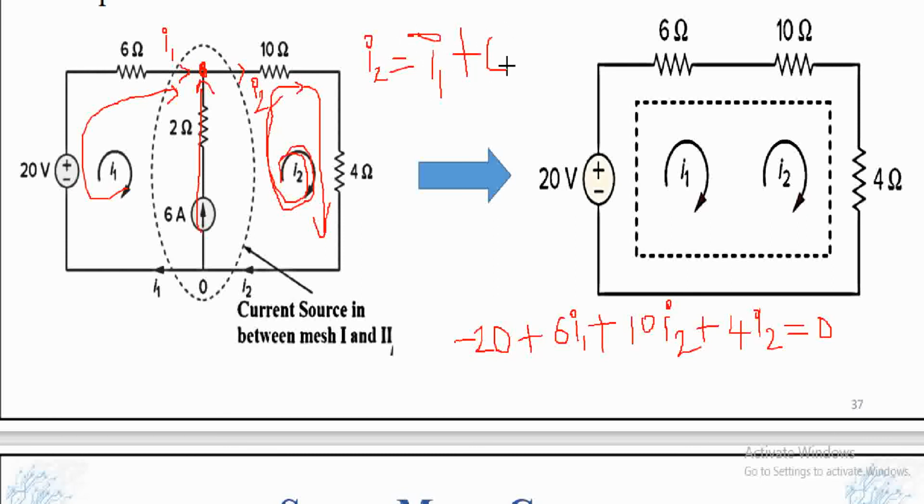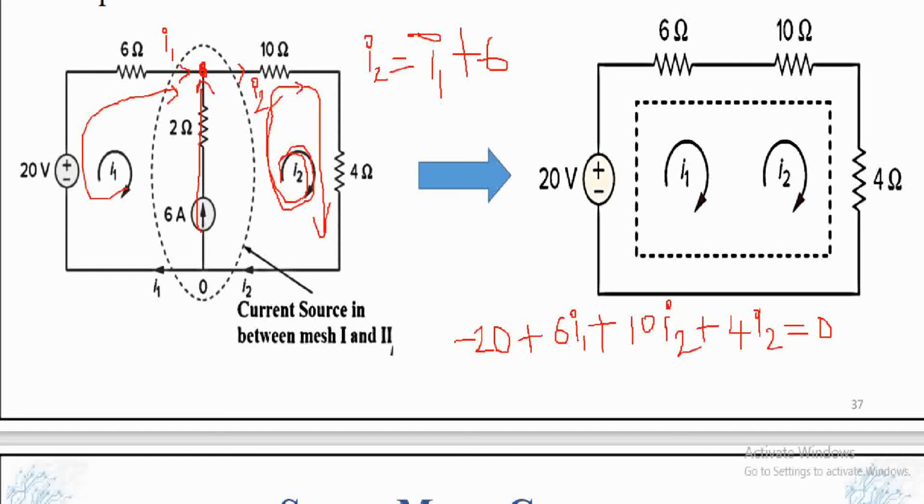Substitute I1 plus 6 in place of I2, and you will get the I1 value. After getting the I1 value, substitute it here, then you will get your I2 value. So this is the way of finding mesh currents when there is a current source in an uncommon branch, and when there is a common branch between two meshes.